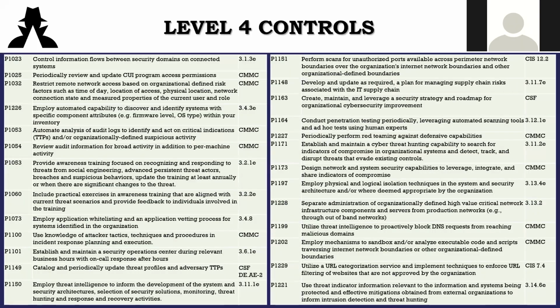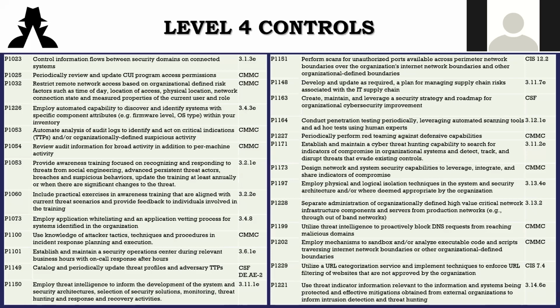To give you an idea of what we're looking at, these are the controls from level 4 from .7. These controls may change over the course of the next couple of months. There may be some additions or changes. This is all still draft. Again, these are the level 4 controls. If you go to the actual draft document, which is off of the DoD CMMC website, you can look at it.